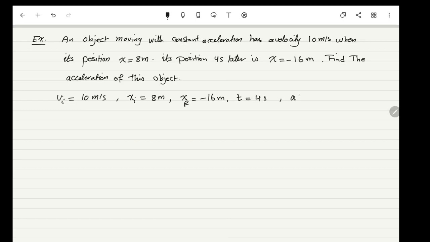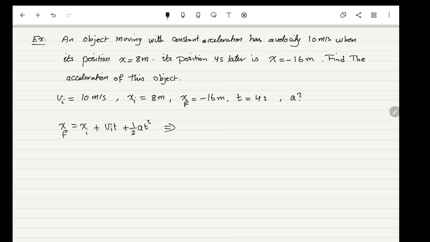Now the acceleration, that's what we look for. Let's use x final equals x initial plus v initial t plus half a t squared.